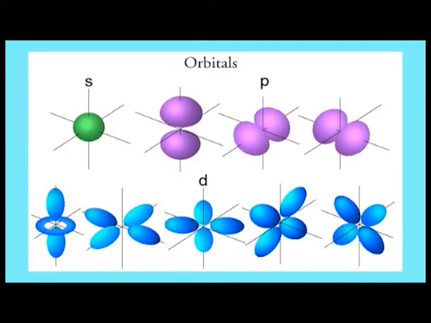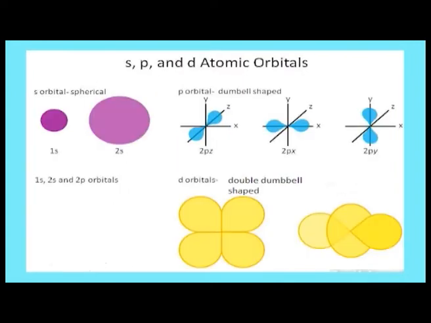Similarly, d orbitals are of double dumbbell shape, and can be oriented either along the x, y and z axis, called dx square minus y square and dz square, or in between the axes, called dxy, dyz, dzx orbitals. It is therefore d orbitals can be considered in two different shapes: orbitals orienting towards the axis or orbitals orienting in between the axis.